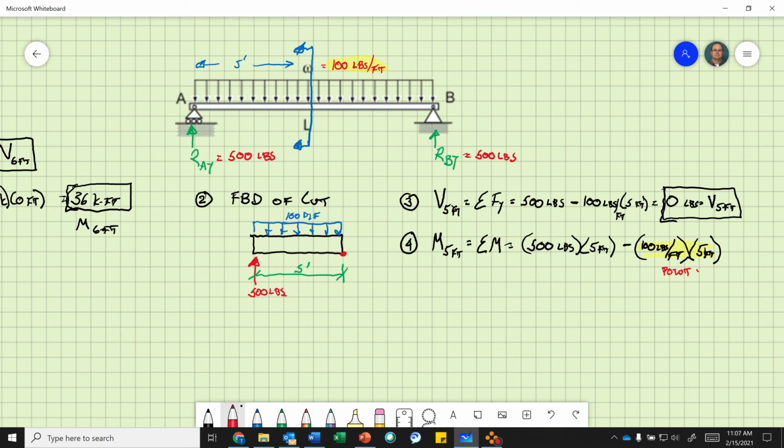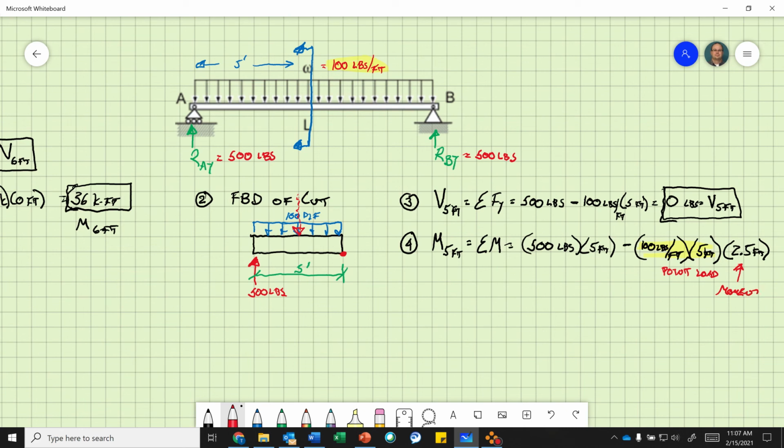Now I know that it goes in the middle, if I just do a hidden line here. So from my rotation point, which is here, it's 2.5 feet away. This is my moment arm distance, times 2.5 feet.